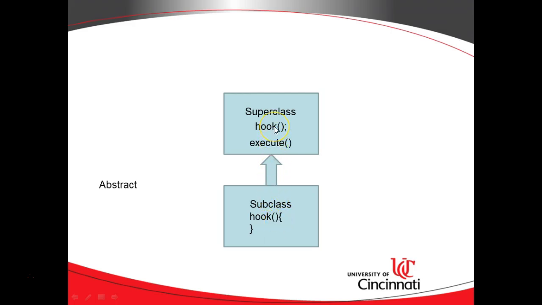So in this case, what makes this interesting is the superclass, while it's only defined the method signature of hook, it can invoke that method. And what's really interesting about that is when the superclass invokes that method, it's actually going to be calling the method implementation in the subclass. Now, one footnote here.